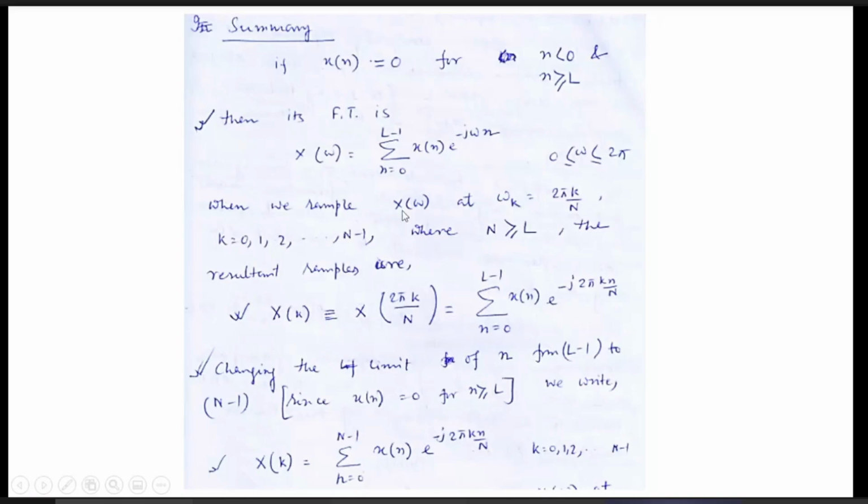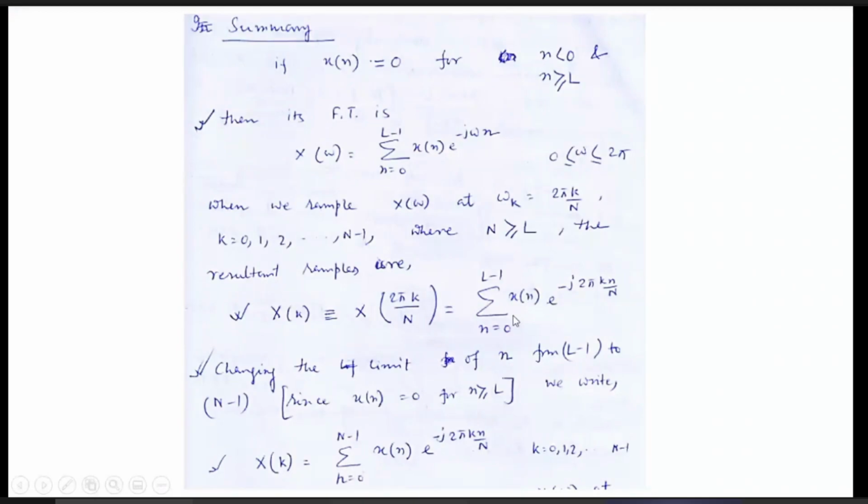And when we sample x of omega at omega k equals 2 pi k by N, where N is greater than or equal to L, N is the number of points we use to sample the frequency domain signal of x of n, and L is the number of points of the original signal. If N is greater than or equal to L, the samples are X of k equal to X of 2 pi k by N.